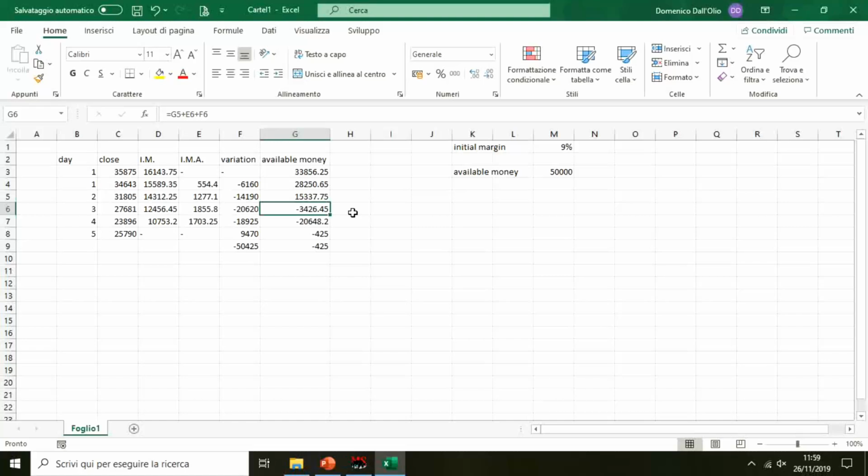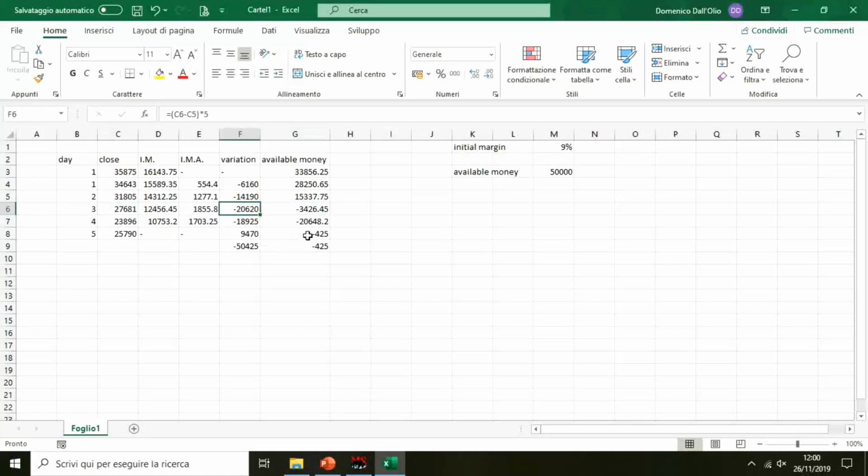This happens because the law allows the bank to close positions by force if the client doesn't do it on his own. So you get here, you are in the red, you decide to close your position, you close it for the closing price, just to say 27,681, you lose 20,620.